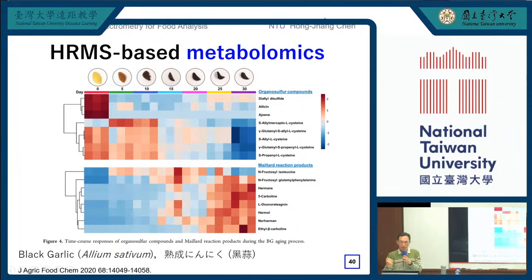So the next step, we need to find out what kind of aging process, which means what temperature, can decrease the Maillard reaction products while keeping the production of black garlic efficient. That is the next step. For now, we can use HRMS-based metabolomics to identify the quality of a food.